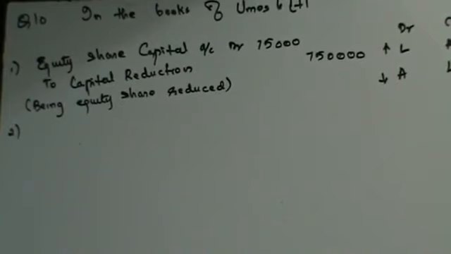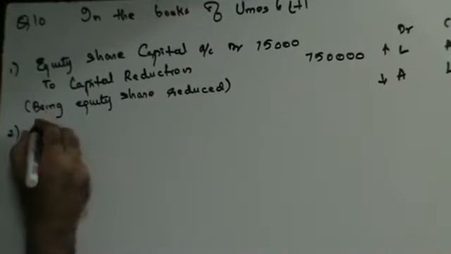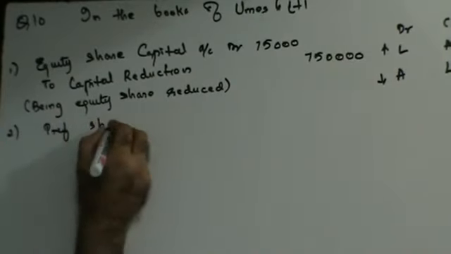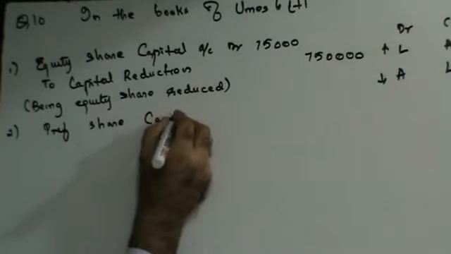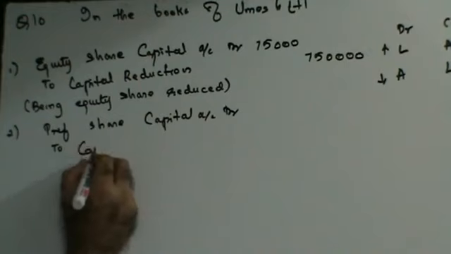Now you don't have dividend in the balance sheet. So what I'm going to do is break this up into two entries. One entry for preference share and one entry for the dividend. Preference shares are to be reduced. So this is going to be preference share capital account debit to capital reduction.